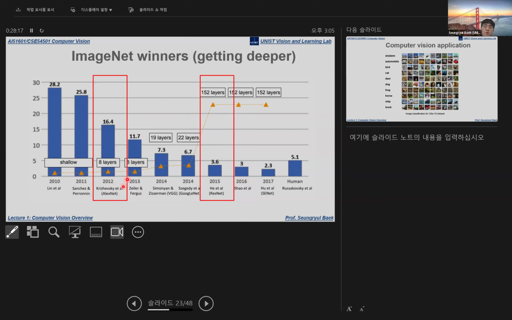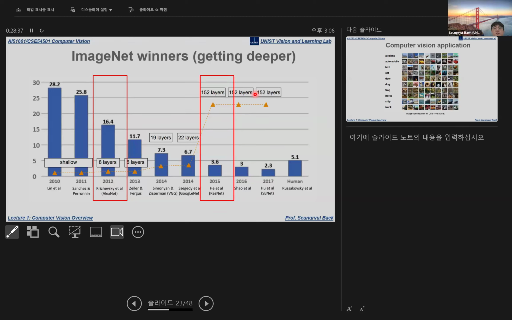So you can see here 8 layers, 19 layers, 22 layers, and 152 layers. The research trend changed to increasing the number of layers in deep learning architectures.